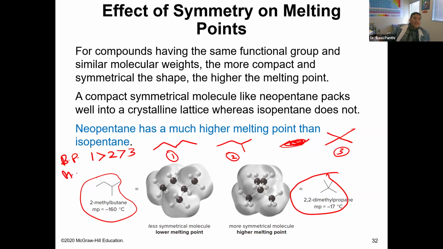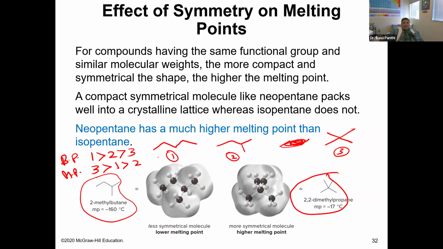When you are talking about the melting point, 3 is the highest. After that, no more symmetrical, then 1, then 2. I tell the students, please remember this example one more time.